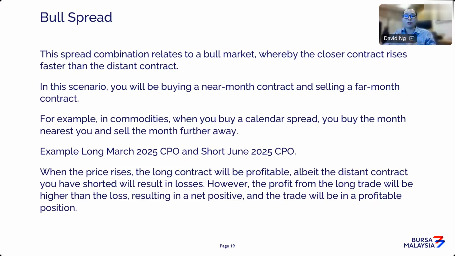Usually you should also see the spread go even higher. So in this kind of condition, when you expect the near-month contracts to be more bullish than the further-month contracts, you should be buying a spread. In technical terms, we call it a bull spread market. One example is that you can long a September 2025 contract and short an October 2025 contract if you believe the market is going to be bullish going forward.